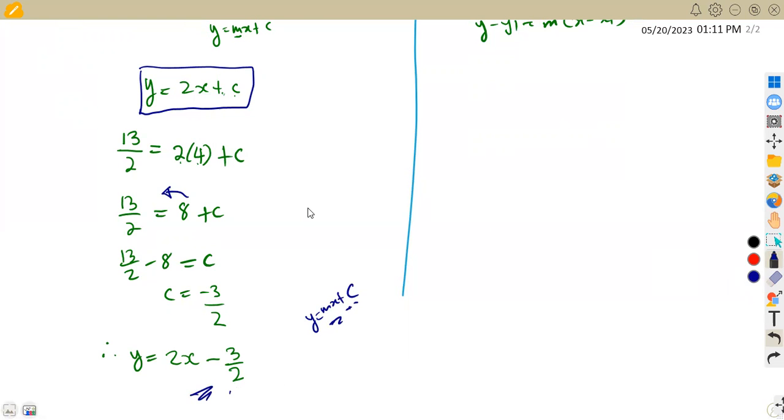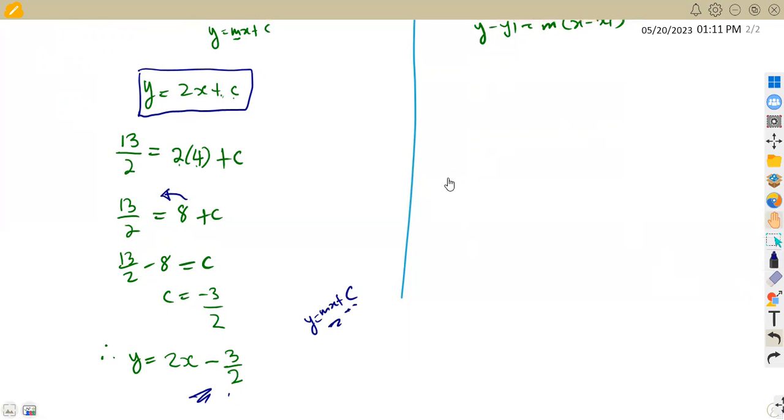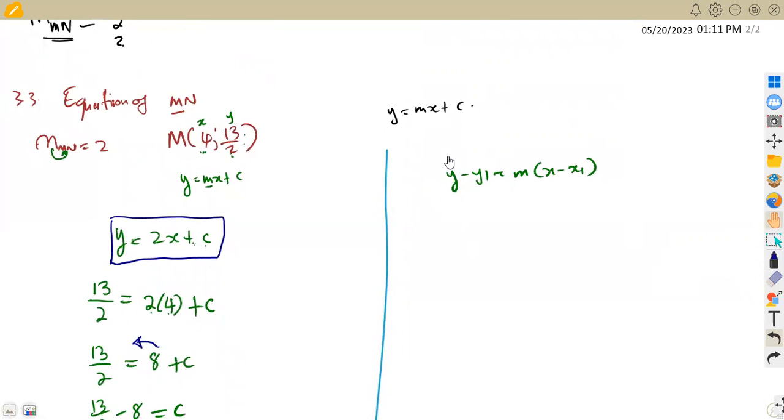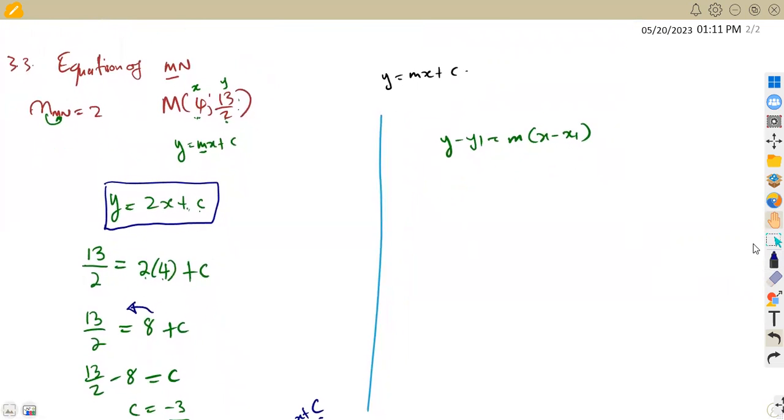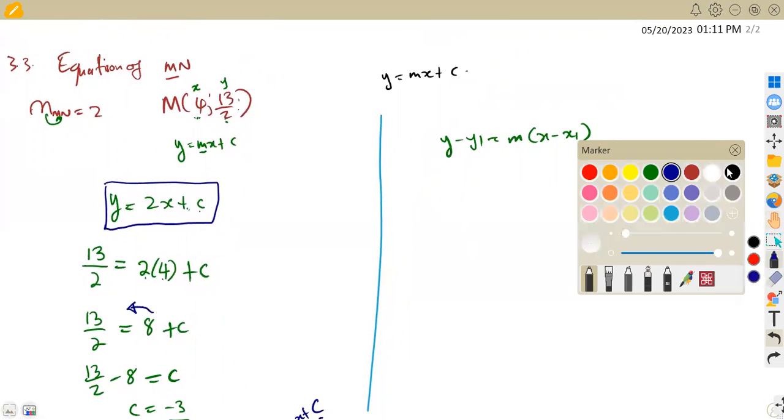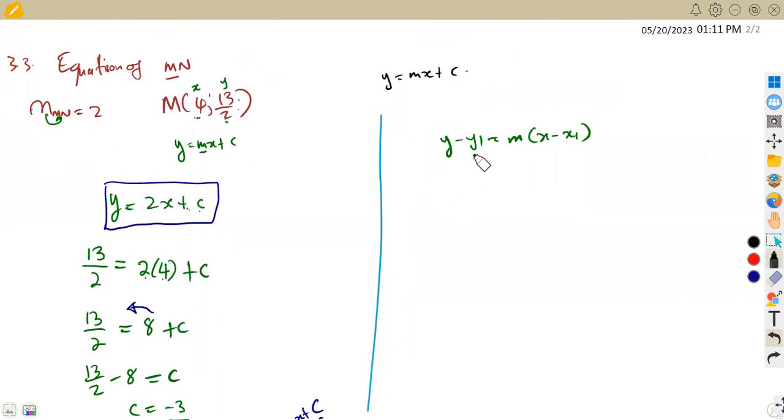All right, but we can actually formulate the same equation from this format that we are given. We're saying y minus y1 is equal to m into x minus x1. So this x1, y1 is the point that you're given.